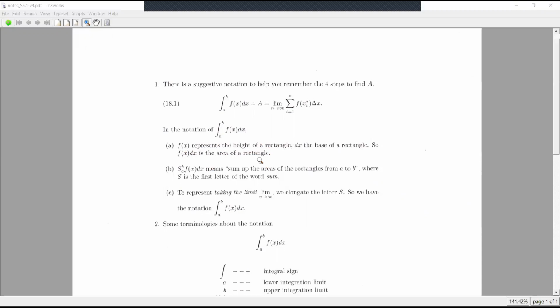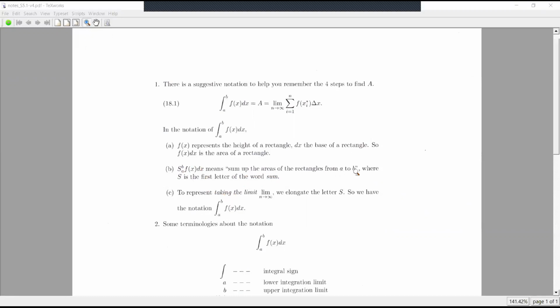Now, after we have areas of rectangles, we need to sum up the areas. The notation is this. S is the first letter of the word sum. So this notation means sum up the areas of the rectangles from a to b.